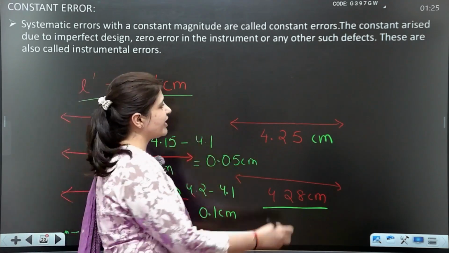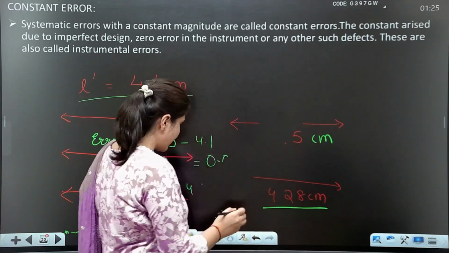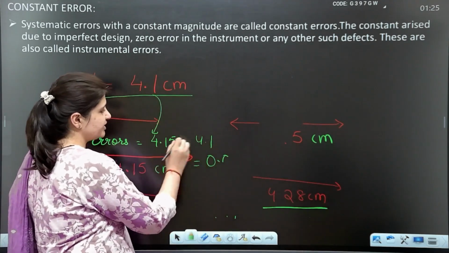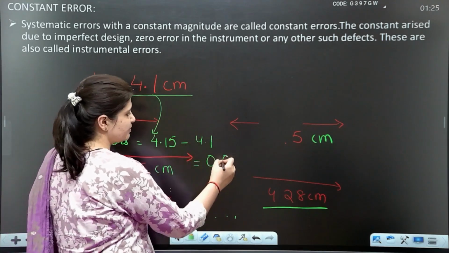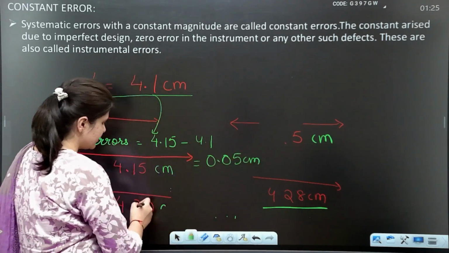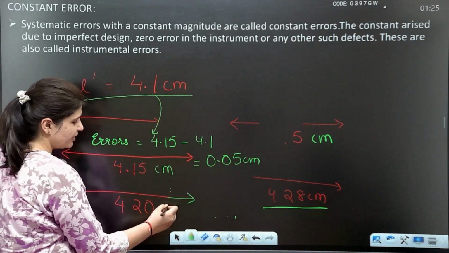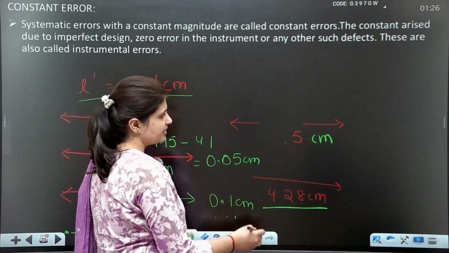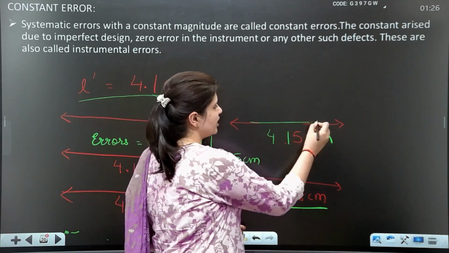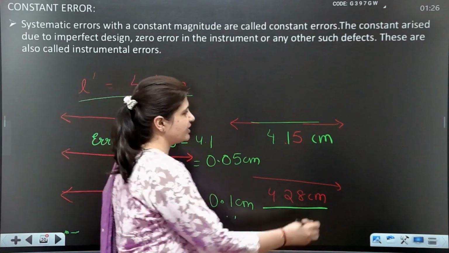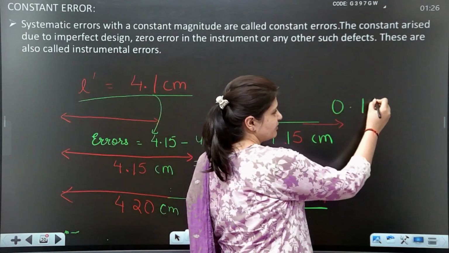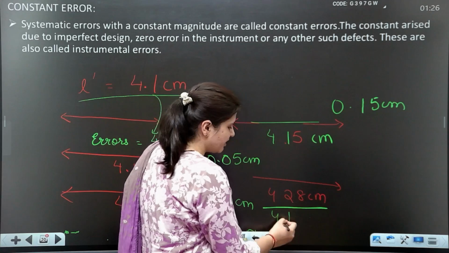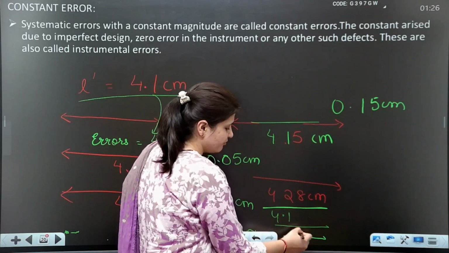Similarly for the other values: 4.25 minus 4.1 gives 0.15 centimeter, and 4.28 minus 4.1 gives an error of 0.18 centimeter.